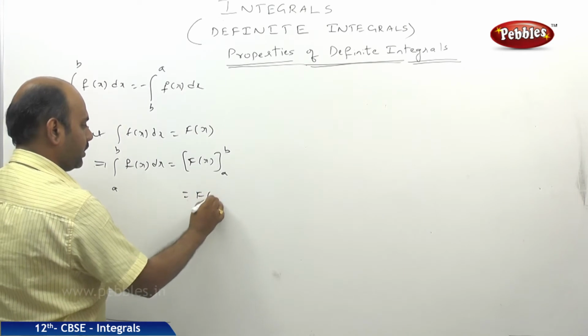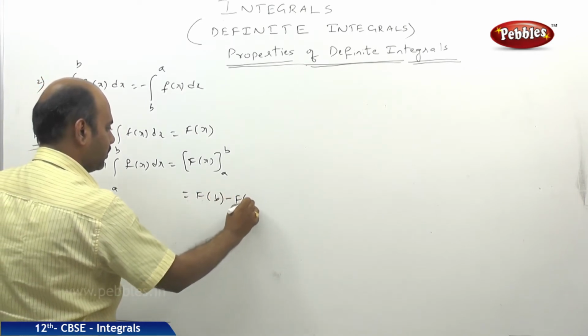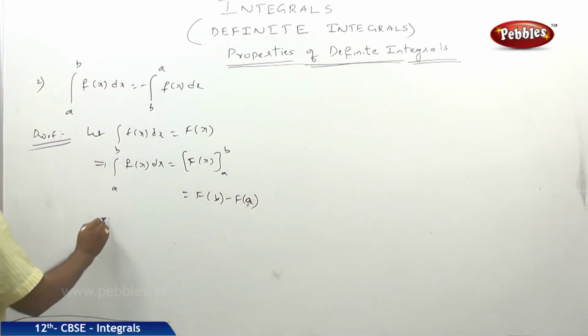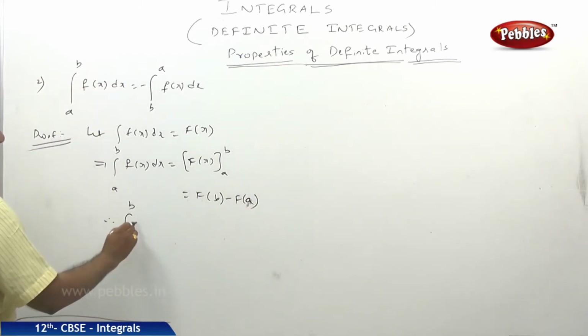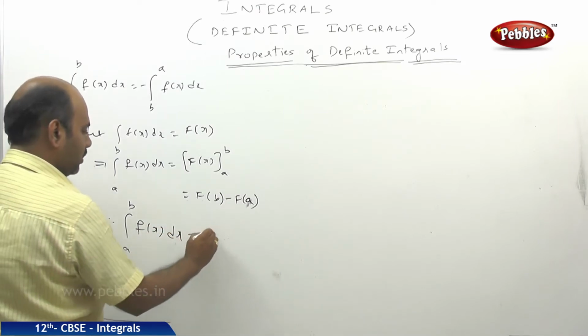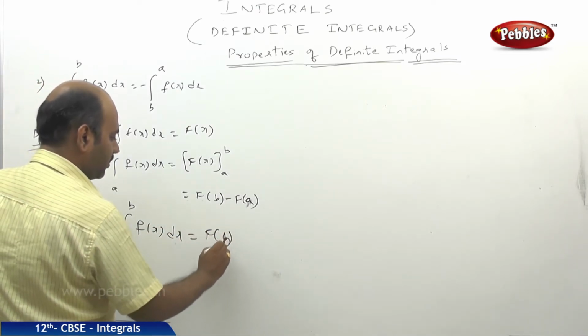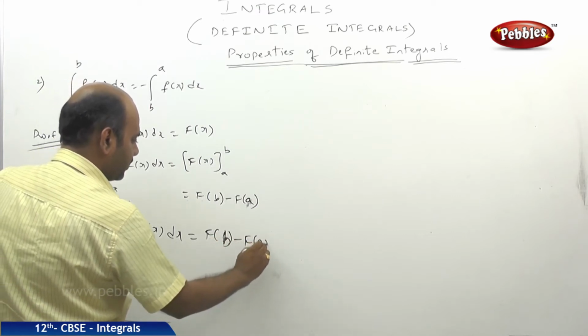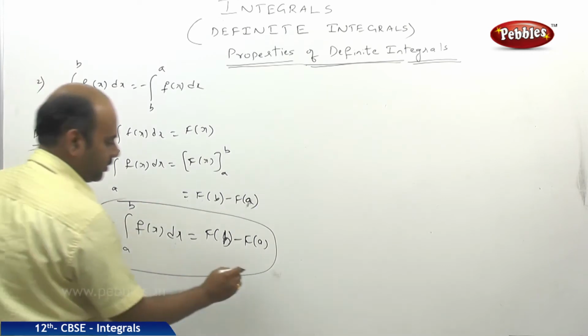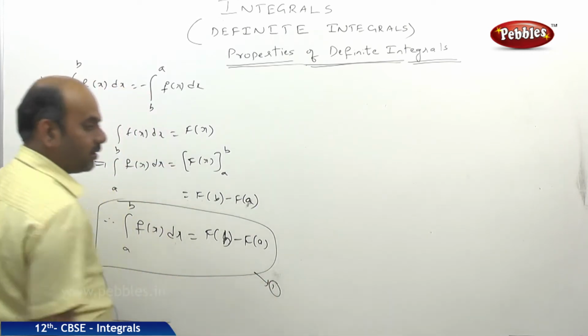So we will be getting F of b minus F of a. Therefore finally, integral a to b f of x dx is equal to F of b minus F of a.